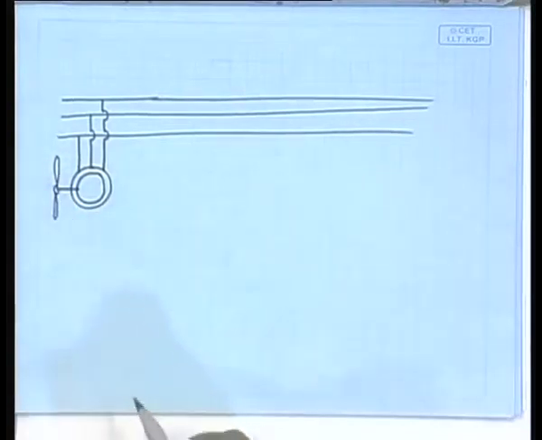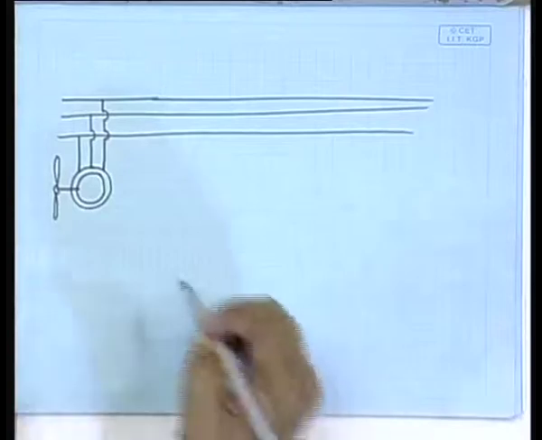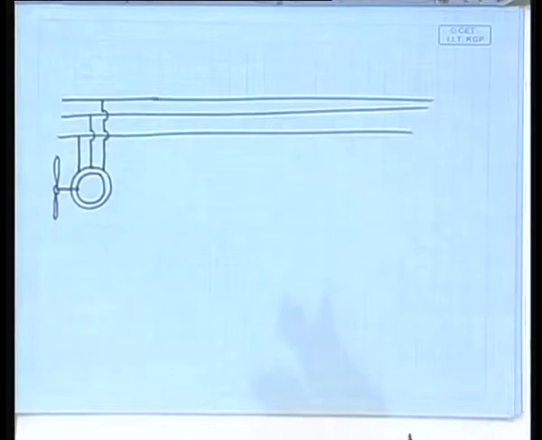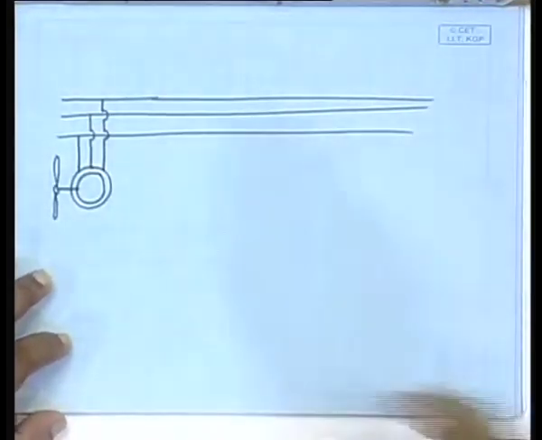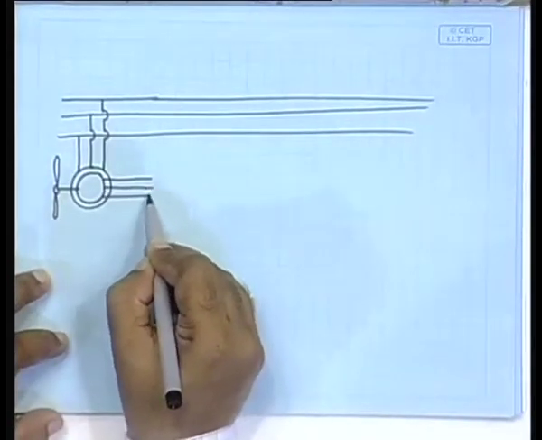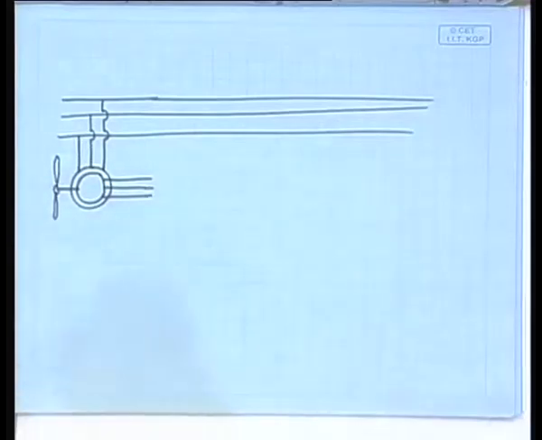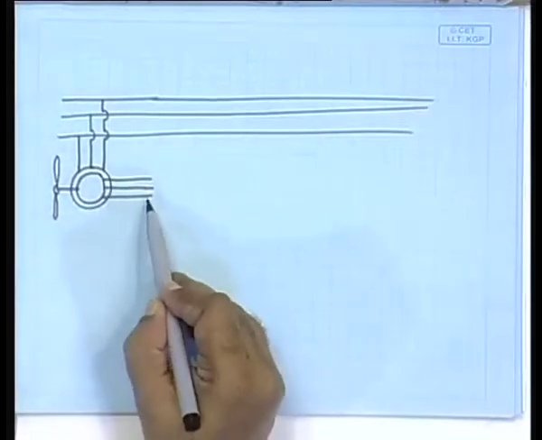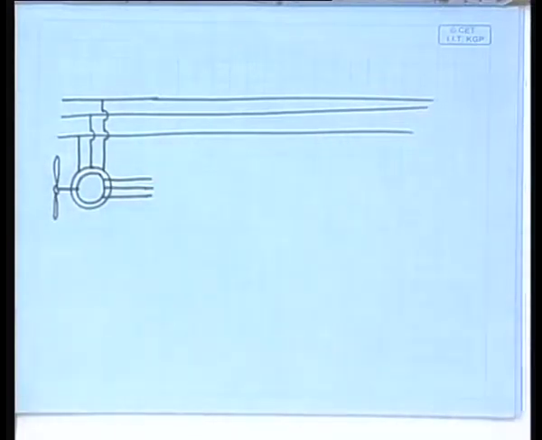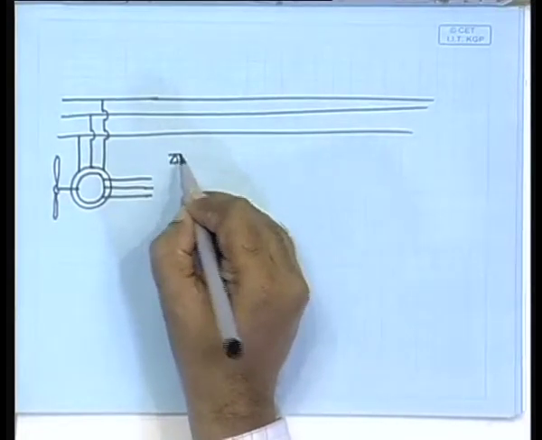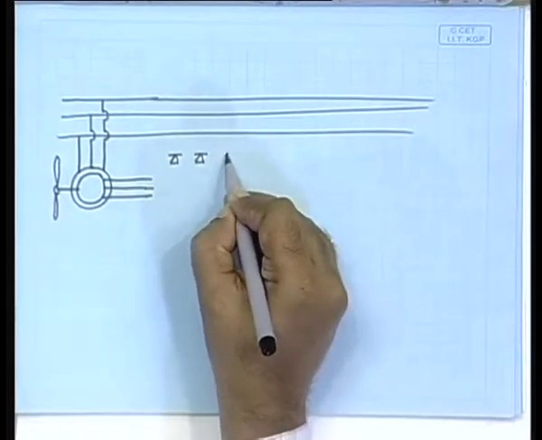I am just schematically drawing it. So, here you have, how do I draw? Through an arrangement something like this, you have the rotor terminals available to you. So, you have the stator terminal connected directly to the grid, but the rotor terminals are available to you. So, what do you do with them? Here firstly we convert them into a DC.